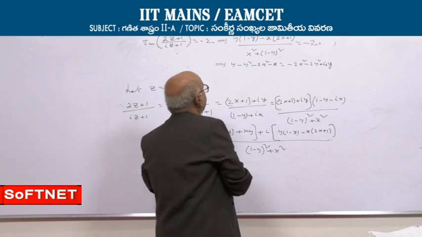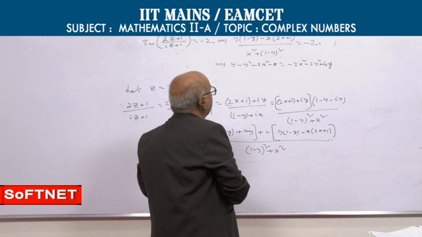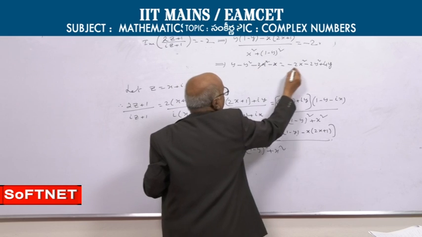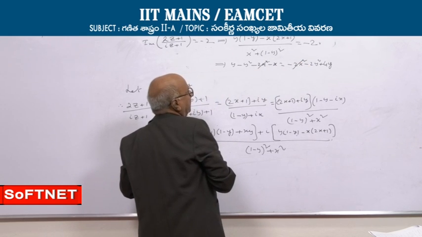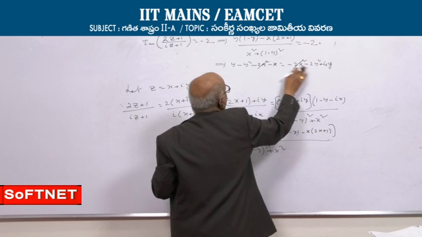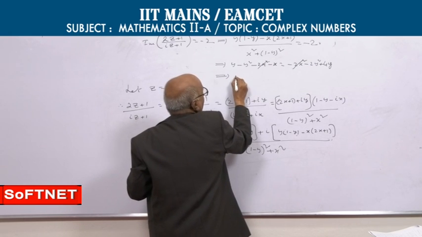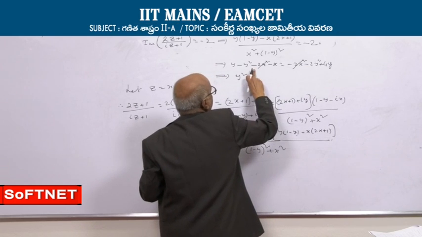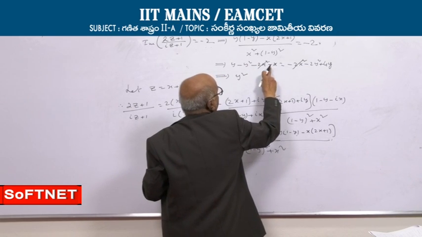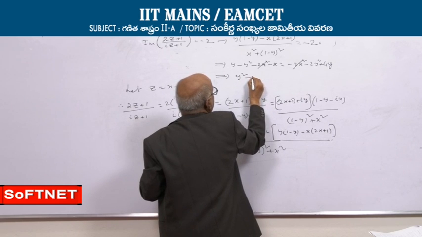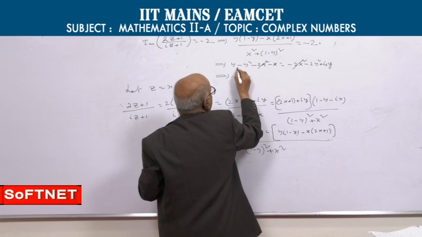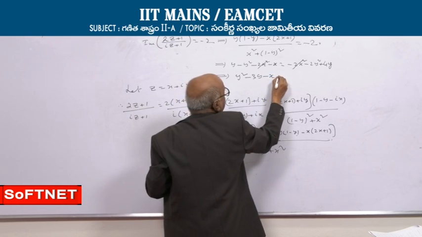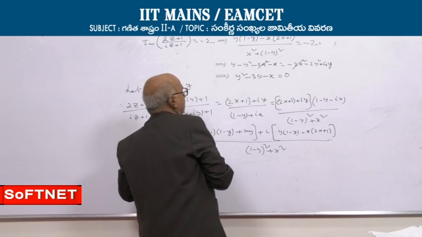Now see, minus 2x square will be cancelled. So if you bring to the side, this is y square, 4y minus 3y minus x is equal to 0.